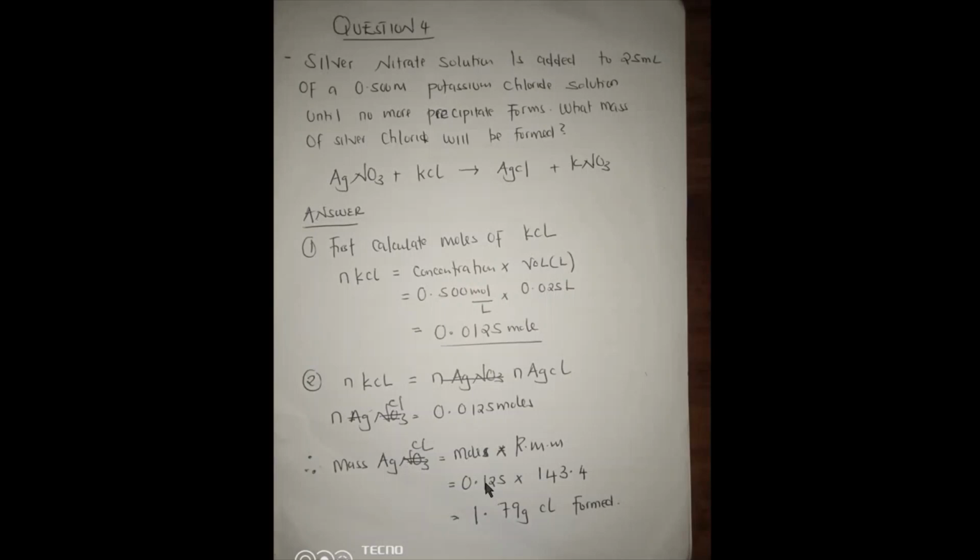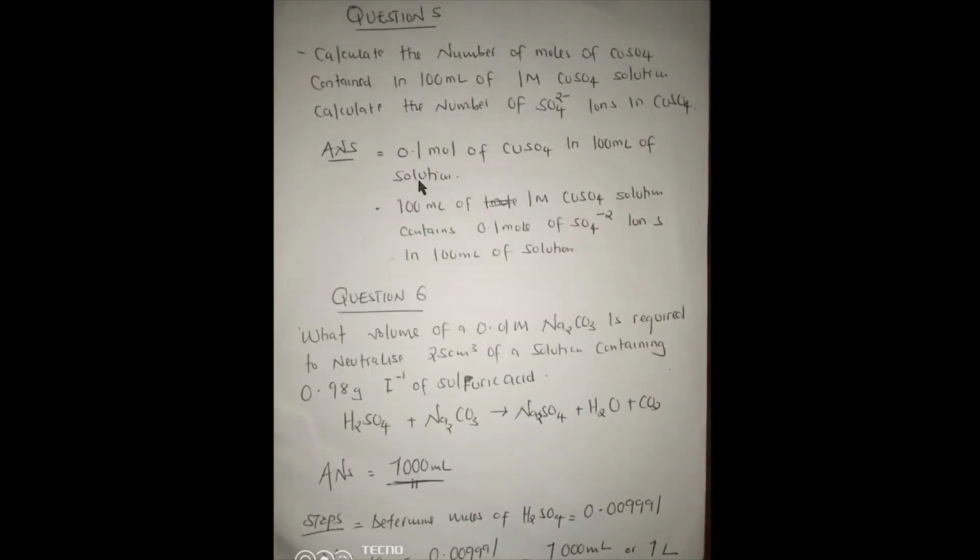It's supposed to be 0.0125 times 143.4, and it will give you 1.79 grams. So this is the correct answer. This is the number of grams of silver chloride that was formed when silver nitrate and potassium chloride reacted.